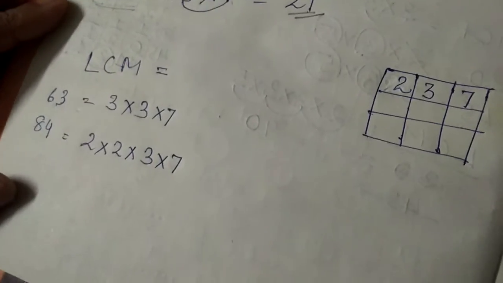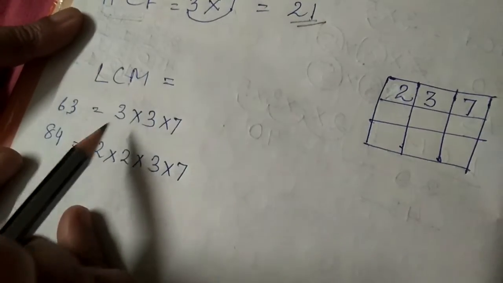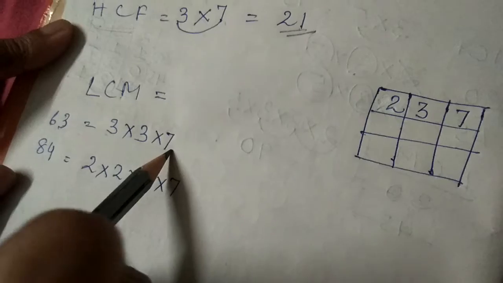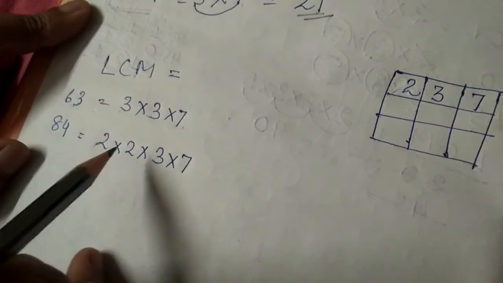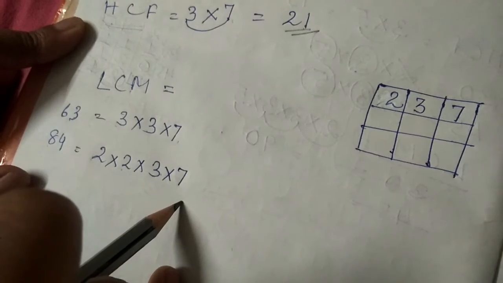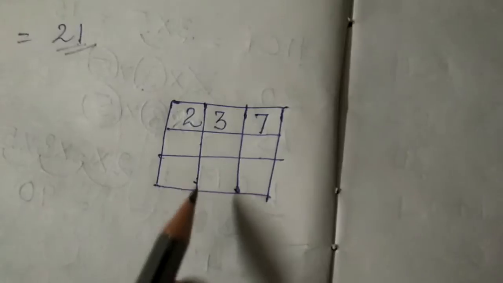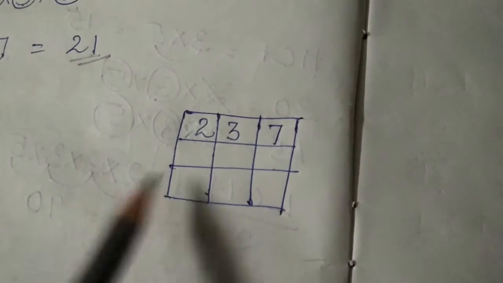Okay, but when we are coming to LCM, again we will write in the same manner, 3 multiplied by 3 multiplied by 7 and for 84, 2 multiplied by 2 multiplied by 3 multiplied by 7. But how to find out LCM? Let us see. I have told you how to prepare the format. You will write 2, 3 and 7.